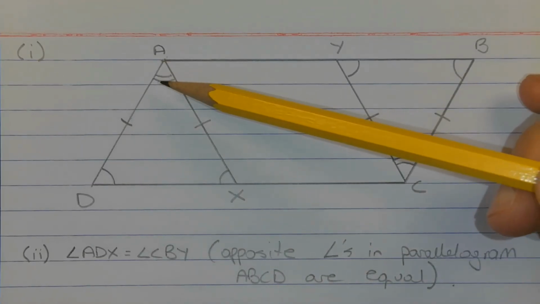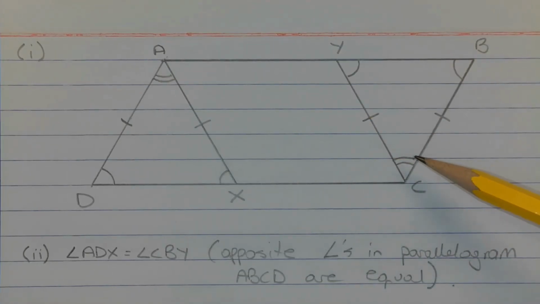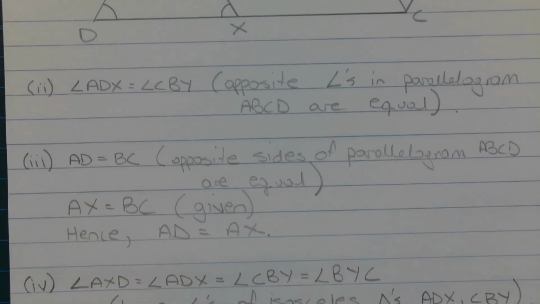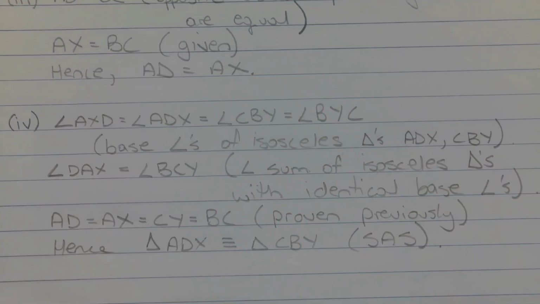Also, angle DAX is equal to angle BCY, and the reason is angle sum of isosceles triangles with identical base angles. Now AD equals AX, which equals CY, which equals BC, and that was proven previously. Hence, triangle ADX is congruent to triangle CBY, and the test is side angle side, or SAS. And I've shown the reasoning here.